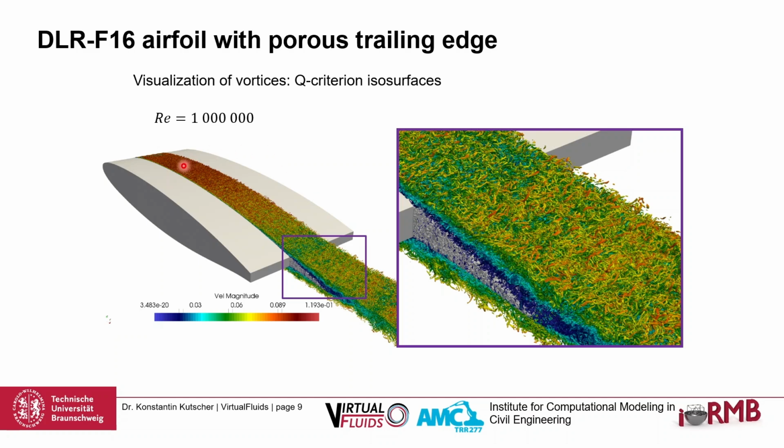To speed up the transition to turbulence, it was also used in the experiment, so-called stripes, special stripes. It's something applied on the leading edge to start this turbulent mode, because you can wait very long before it starts to become turbulent.